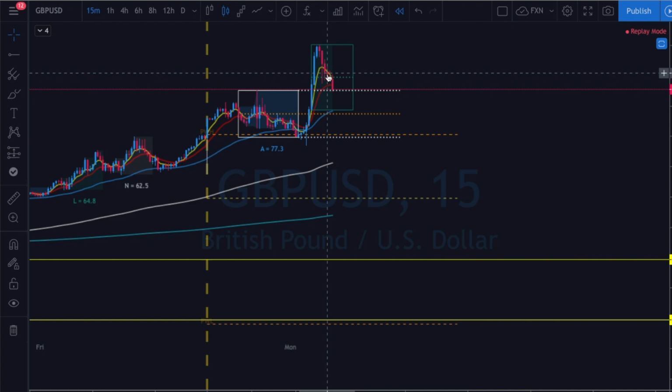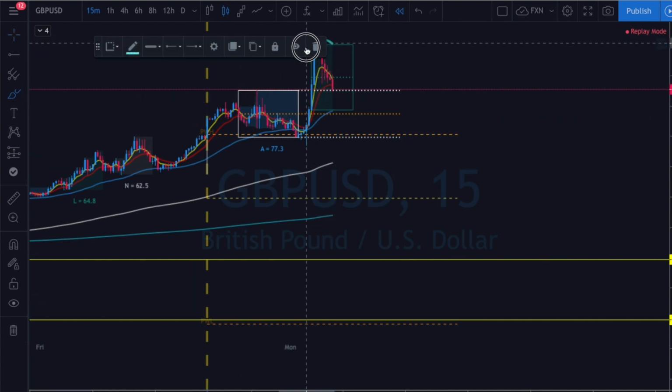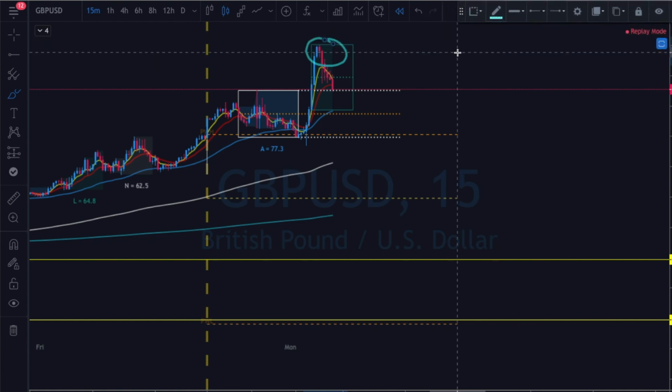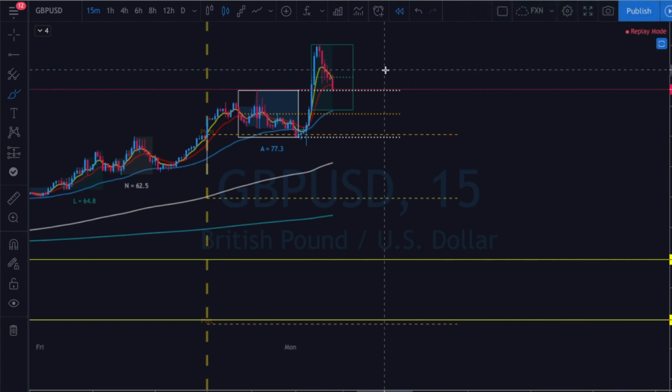That makes it pretty difficult to get into a trade with any kind of high risk to reward ratio when the EMAs of 5 and 13 are separated like this. So you have to wait for this to come back together, the 5 and 13, which is what it's doing here.